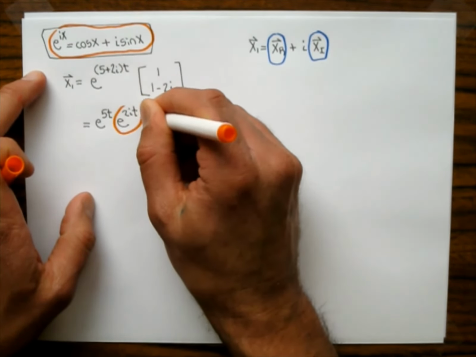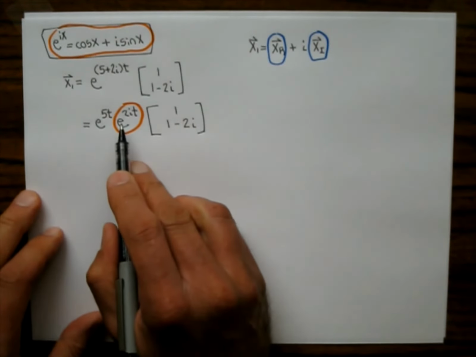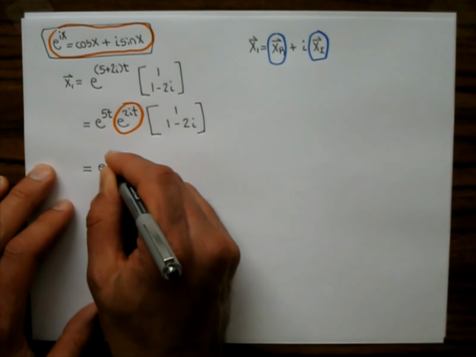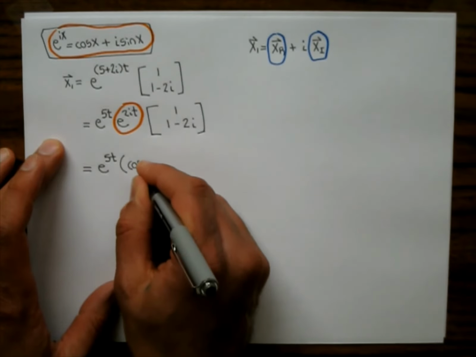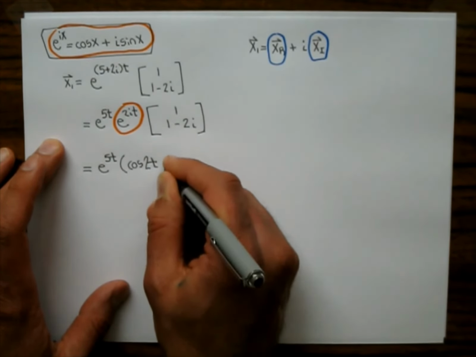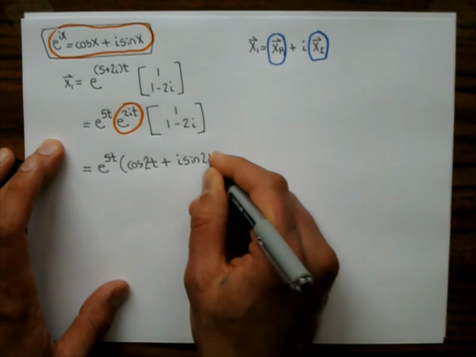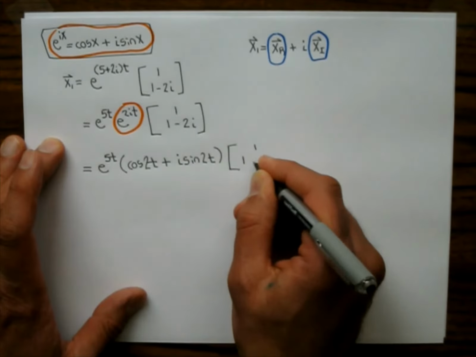I'm going to use that right here, with 2t playing the role of x. So I have e to the 5t, then cosine 2t plus i sine 2t, and then this vector here, who's not doing much right now.